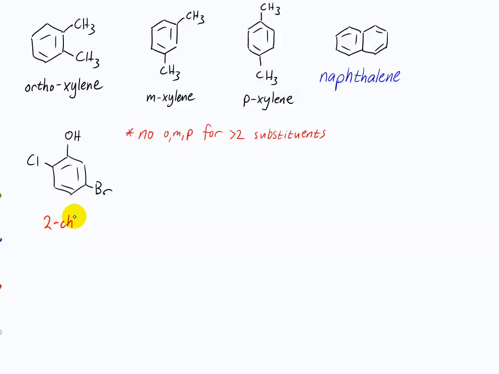2-chloro, 5-bromo. Why doesn't the bromo come first in this case? What's the substituents of the phenol on it? The alcohol's going to be, is it the closest group to the OH? No, you want, yes, in a way. You want the lowest possible numbers for the last substituent.